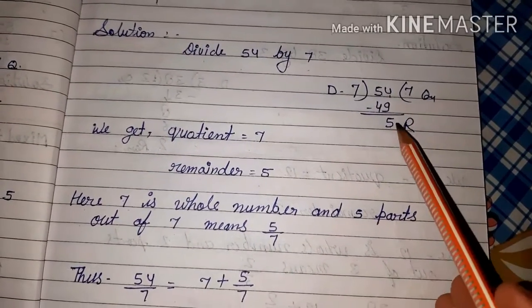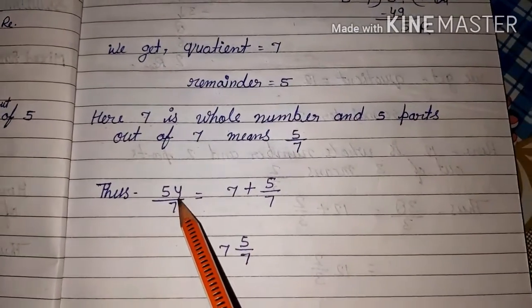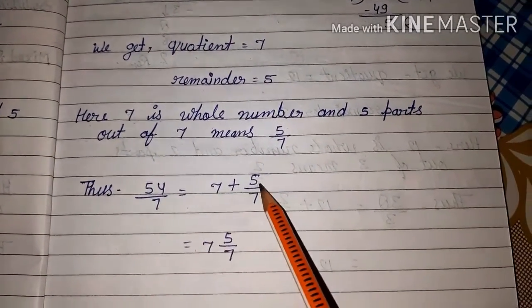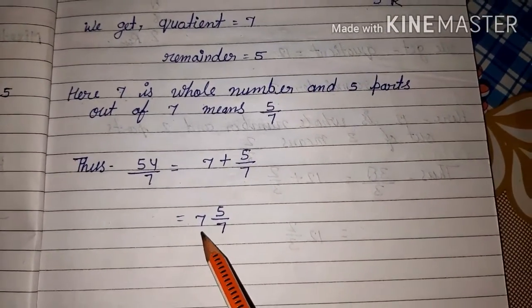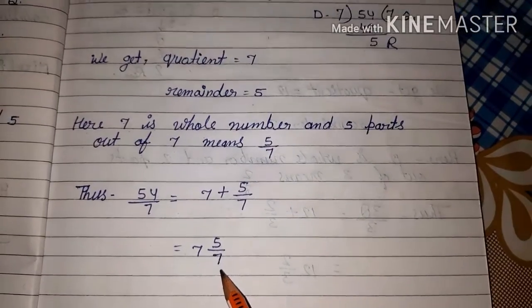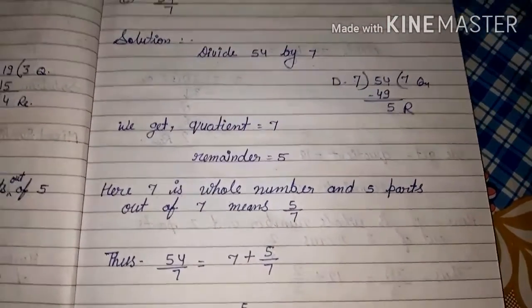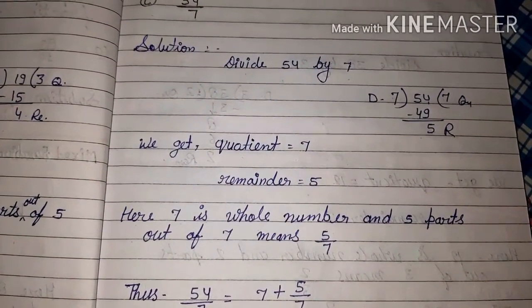This is the quotient, 5 is part of 7. Thus 54 by 7 is equal to 7 plus 5 by 7. Here 7 whole 5 by 7. Students, D do yourself and send as an online classwork.